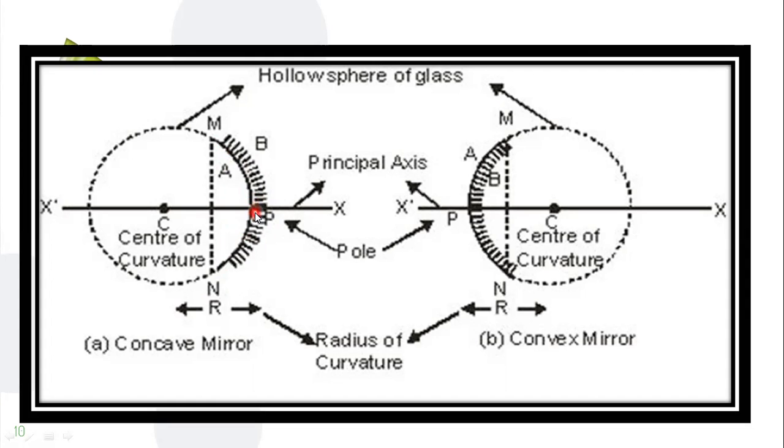The distance from the pole to the point where the light converges is called the focal length. So you should learn all these terms related to the spherical mirror.